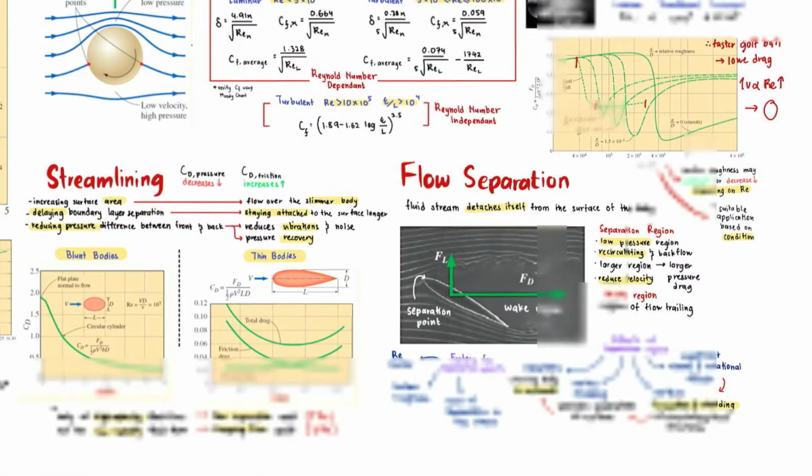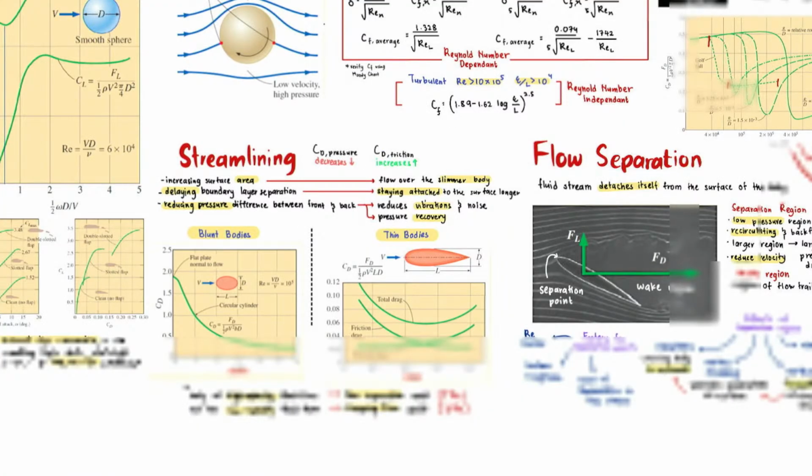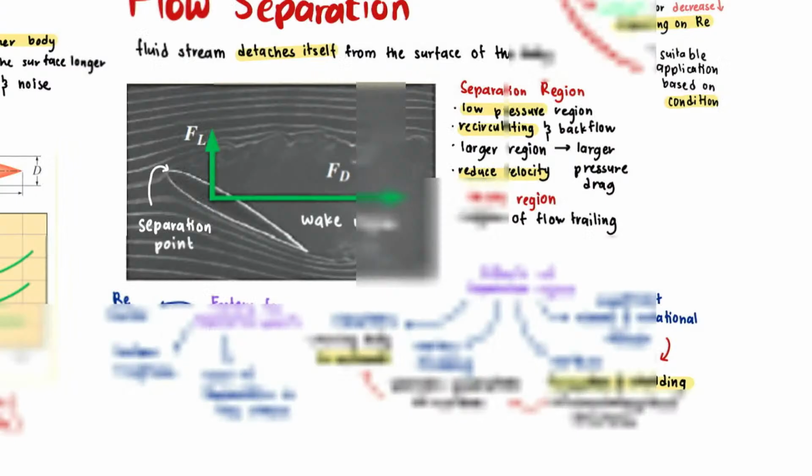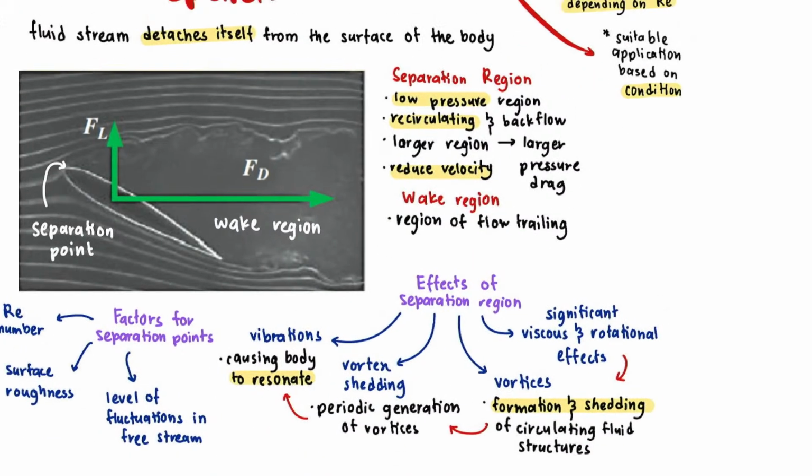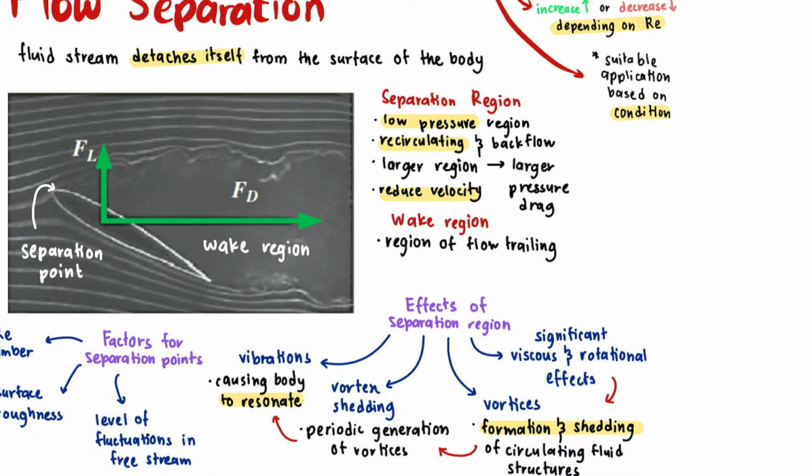Okay, so now we talk about flow separation. Flow separation is actually quite interesting. I find it really interesting, because flow separation is when a fluid stream detaches itself from the surface of the body. The separation region is usually the low pressure region. It is where there is recirculation and backflow.